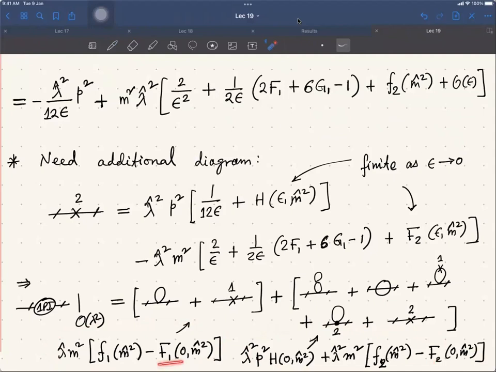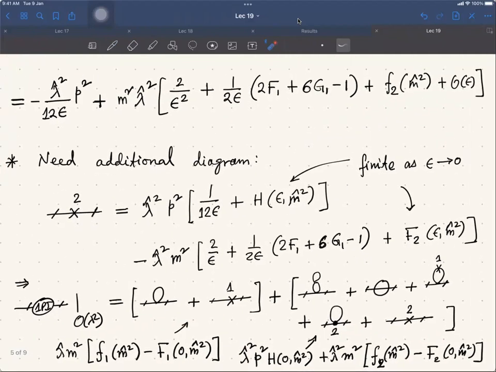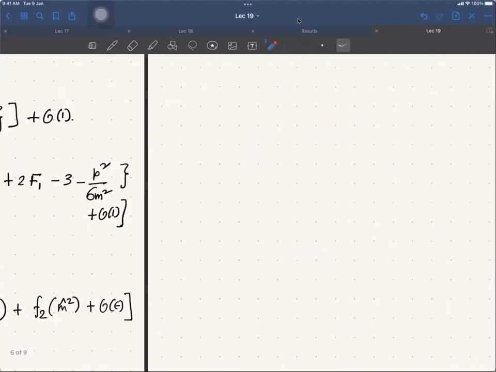These capital F's are the finite ambiguities in the counter terms, and the corresponding counter term Lagrangian will look like this, so let me write it down here.